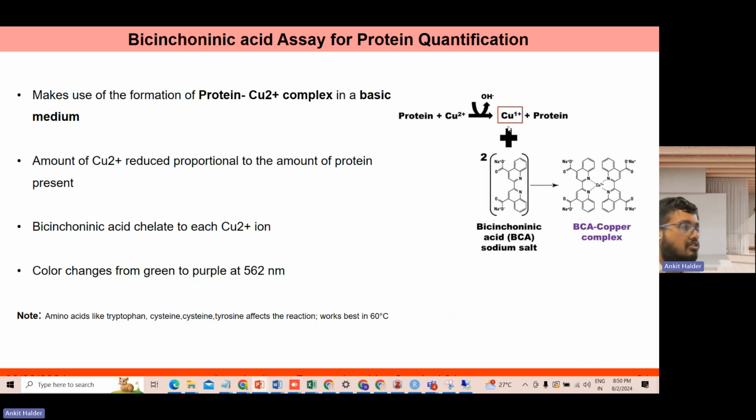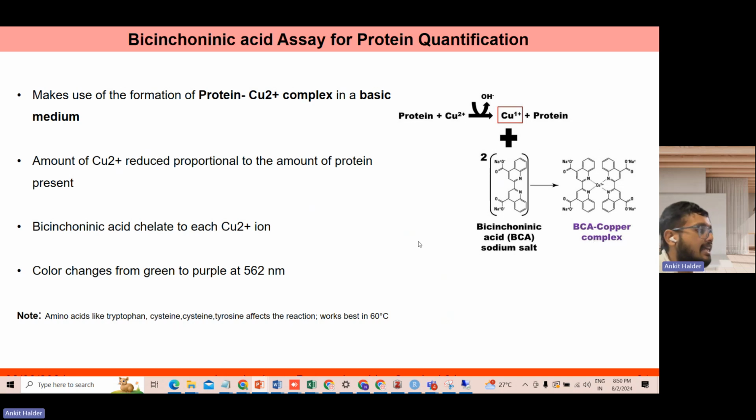So it is reducing the Cu2+ to Cu1+, and it is making a complex. The higher the amount of protein present in your sample, the more Cu2+ it will reduce to Cu1+. And it will have that much amount of dark color, which means that much absorbance will increase.